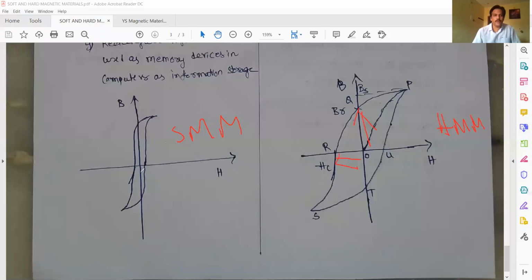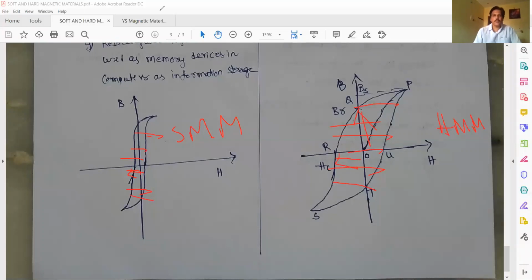For soft magnetic materials, this value is low, low coercivity. The larger the area of the loop, the more energy is lost. The less the loop area, the less the energy loss. This is a hard magnetic material, these are soft magnetic.